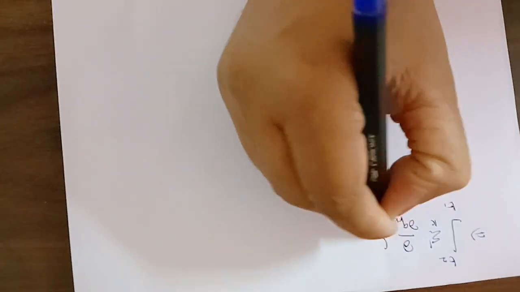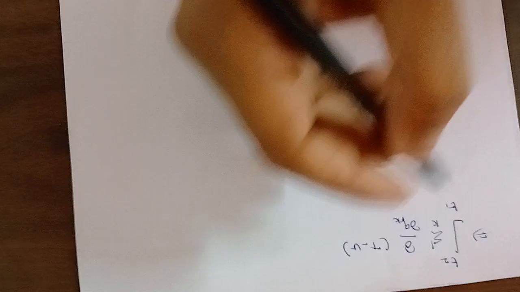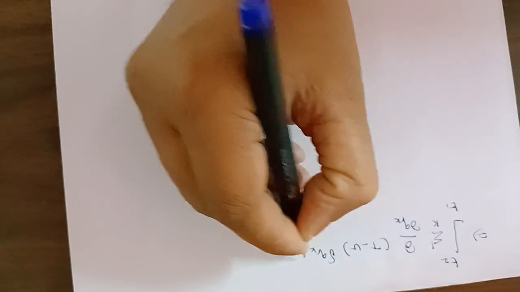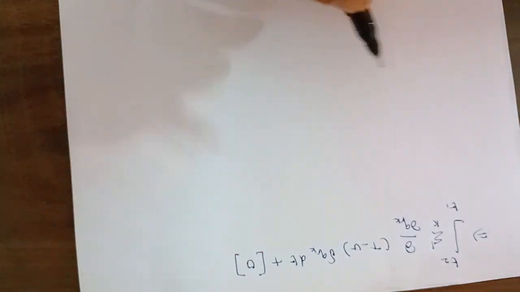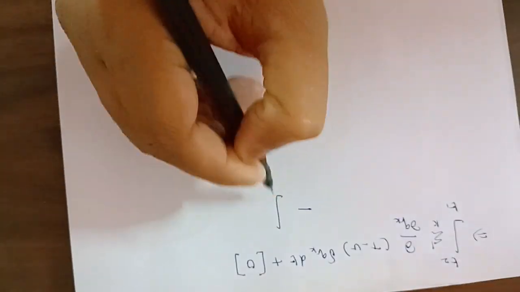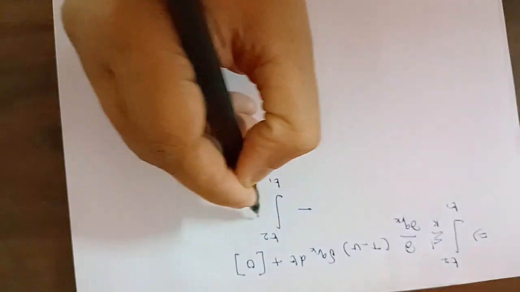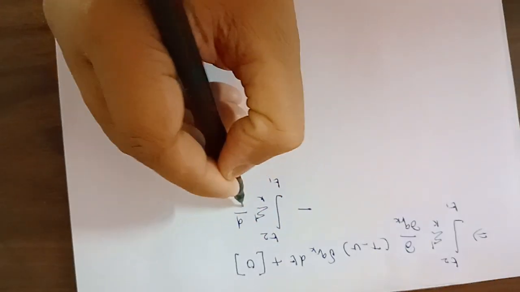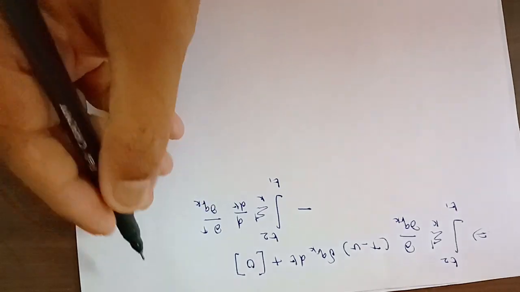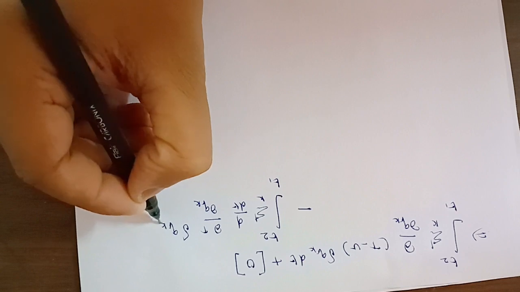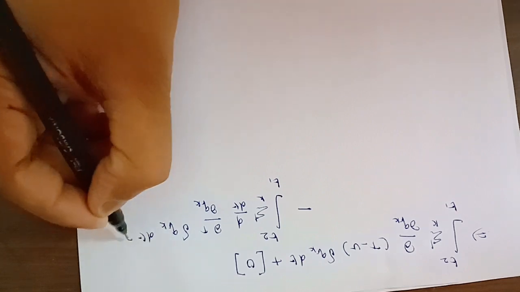Integral t1 to t2 summation of k dou by dou qk of t minus v into delta qk dt, then the second term will become 0, minus integral t1 to t2 summation of k d by dt of dou t by dou qk into delta qk into dt equal to 0.